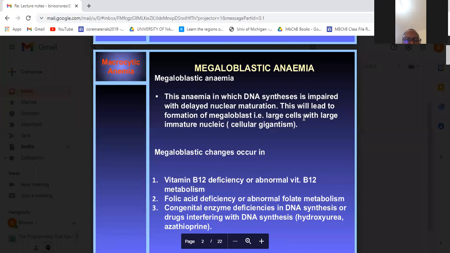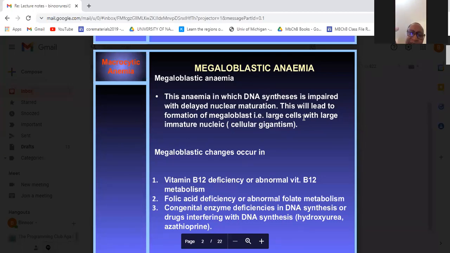So this is an anemia in which DNA synthesis is impaired with delayed nuclear maturation. So this leads to what we call megaloblasts, which are basically large cells which have large immature nuclei, and this is what we call cellular gigantism. So they are basically large cells.